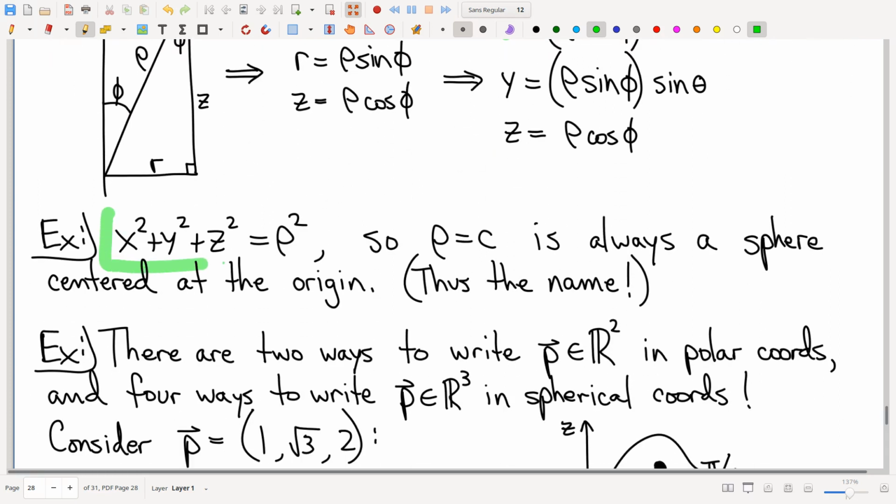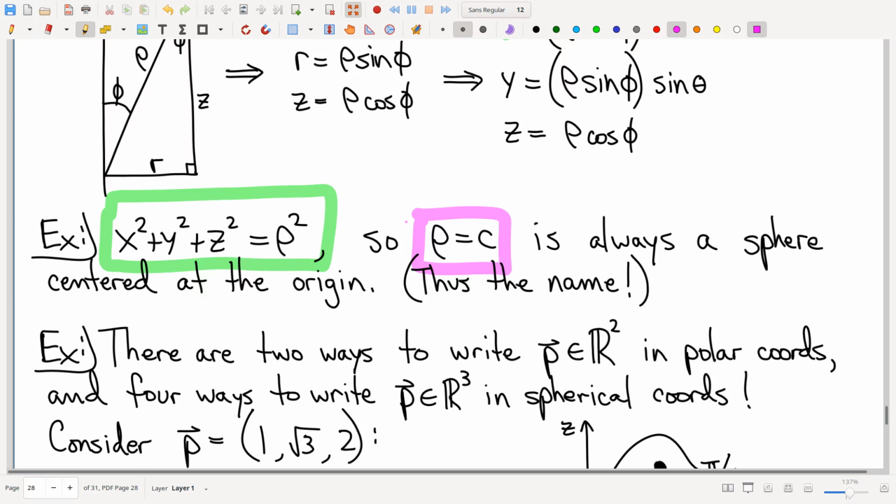Easy relationship to notice between the various variables. This is just kind of a three-dimensional Pythagorean observation, or easy observation about the magnitude of a vector x, y, z, however you want to say it, right? Easy observation to relate those coordinates. And so if you look at this equation, rho equals c, this is going to be an equation of the form x squared plus y squared plus z squared equals c squared, which is a sphere, right?